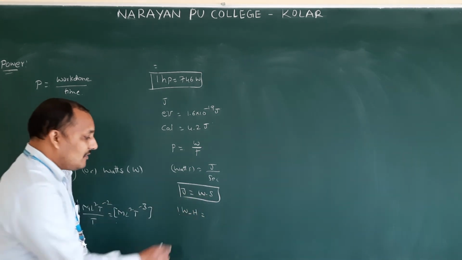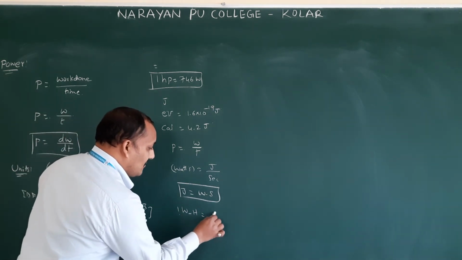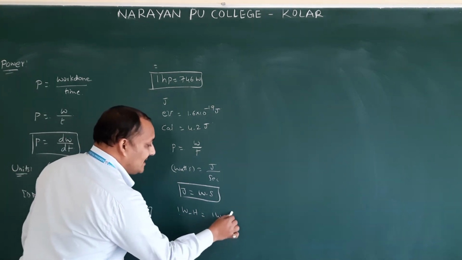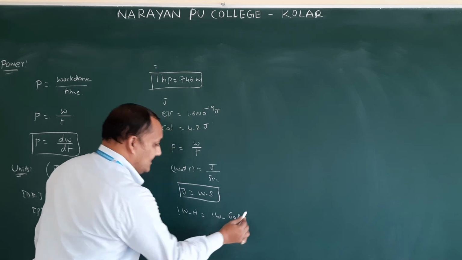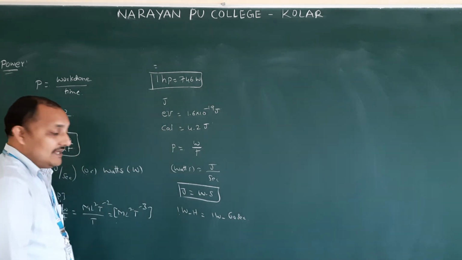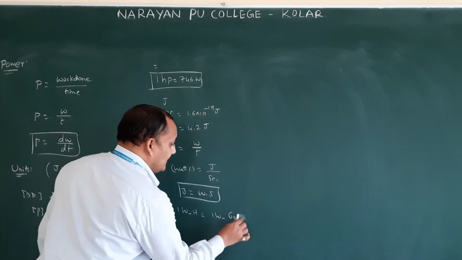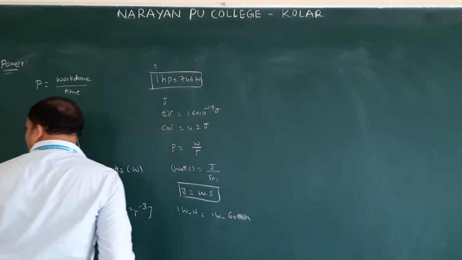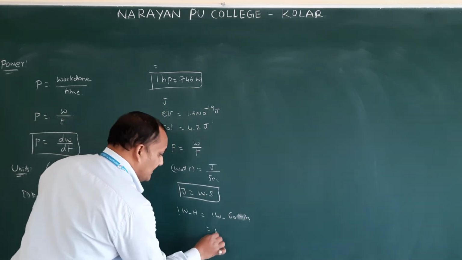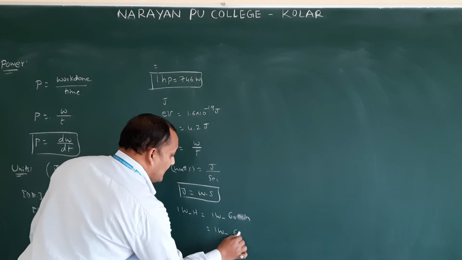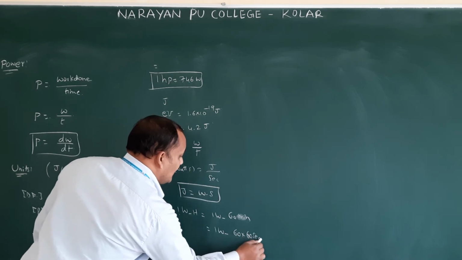Now we will see. 1 watt hour is nothing but 1 watt. Hour means how many seconds? 1 hour is equal to 60 minutes. So 1 watt, 60 into 60 seconds.